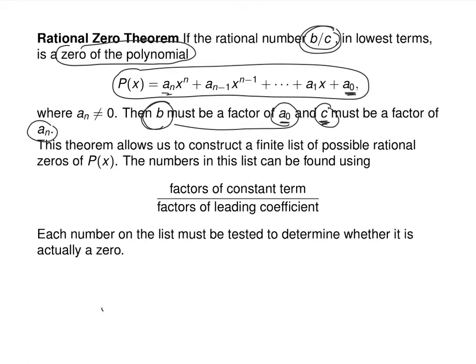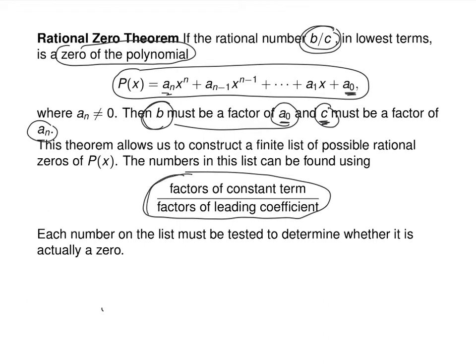So this gives you a way to list possible zeros, things that could work. The numbers that could work are anything that is a factor of the last term divided by a factor of the first term. Those are the potential zeros. They might be zeros, and it gives you a list where you could actually check them all. That's what this is saying.